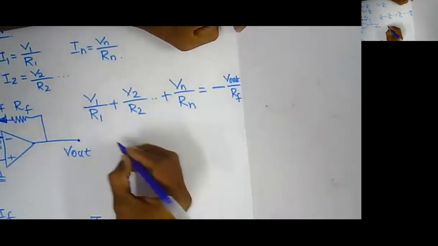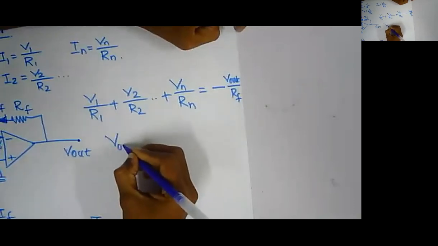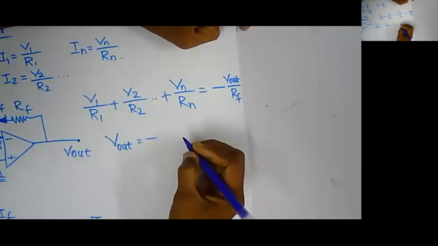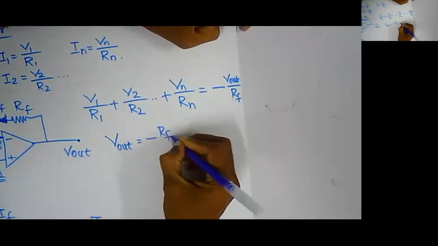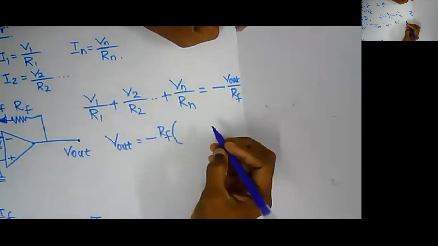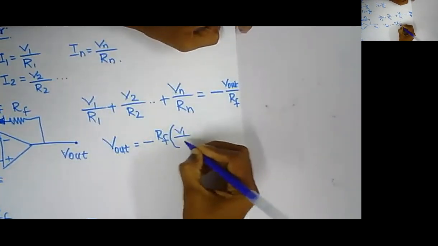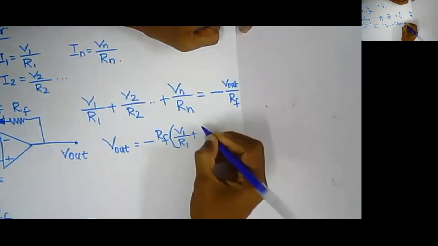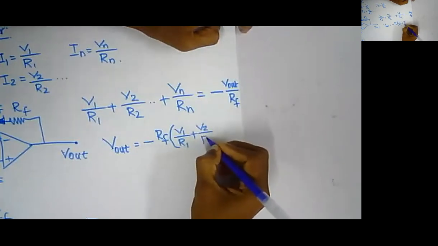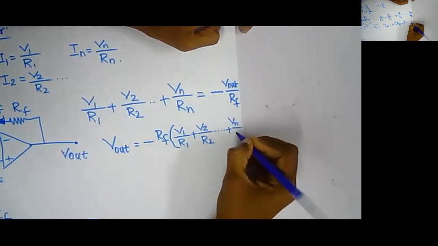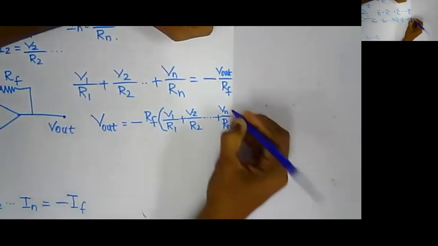So I can simply write my V out is equal to minus RF into V1 by R1 plus V2 by R2 up to plus Vn by Rn. Clear?